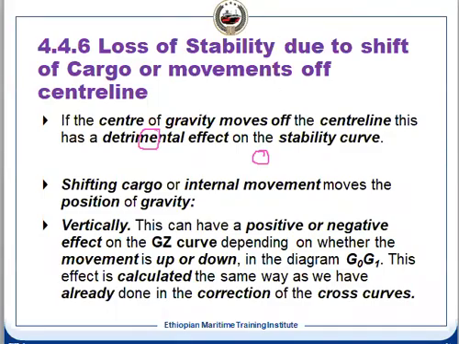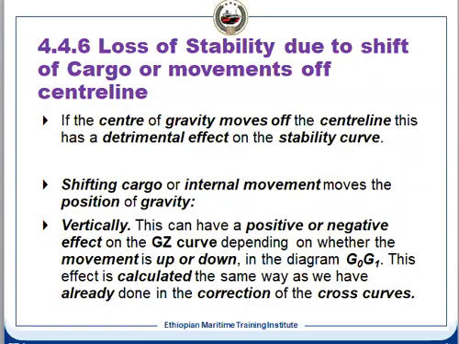Now, the loss of stability due to the shift of cargo, or movement of cargo. Once the cargo moves, like we have seen with the free surface effect where the liquid shifts, but in this case we are talking about grain, for example.